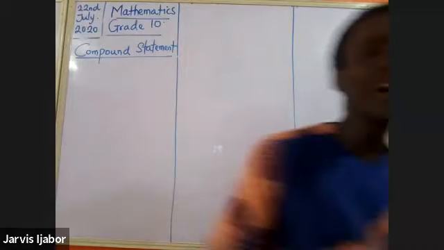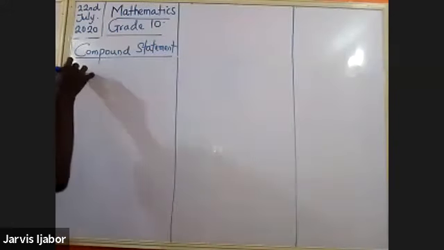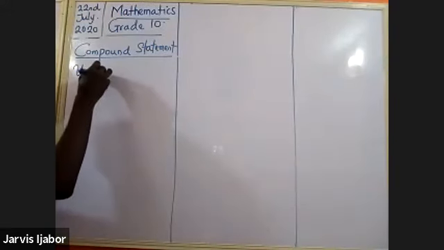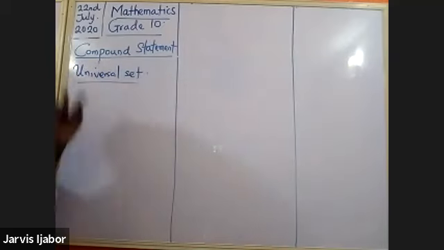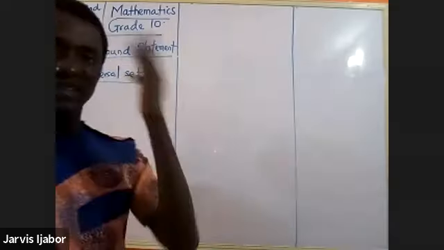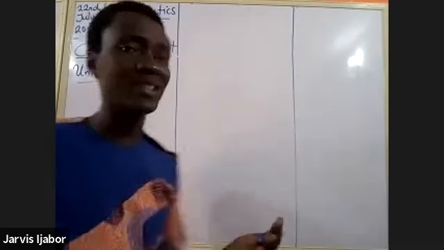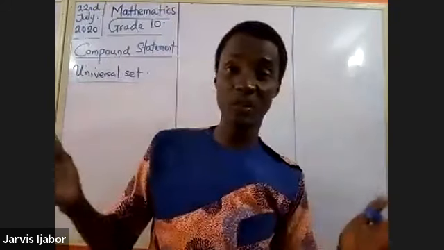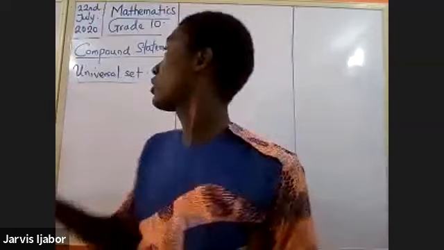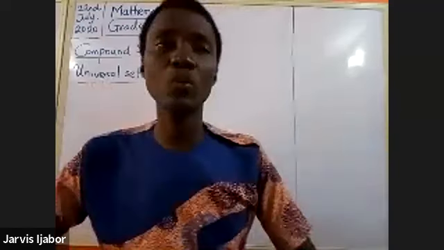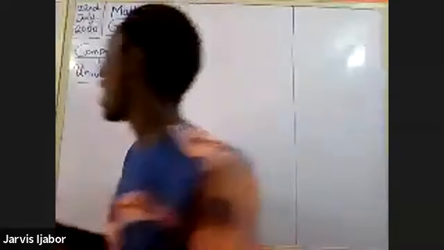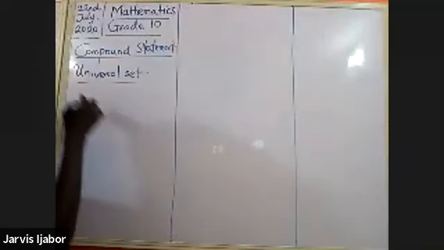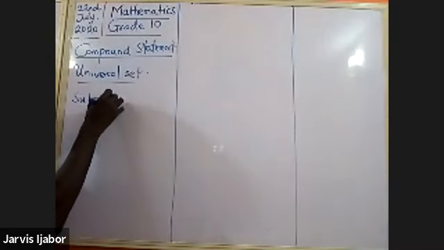To understand a compound statement, we imagine the universal set. We had said that the universal set is the largest possibility in any set question. So the compound statement is like the universal set in this context, and then we have what are called sub-statements in it.